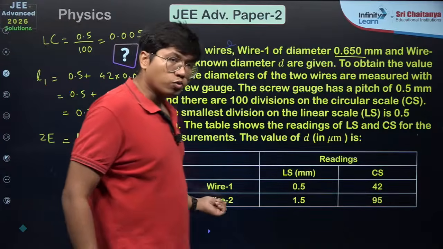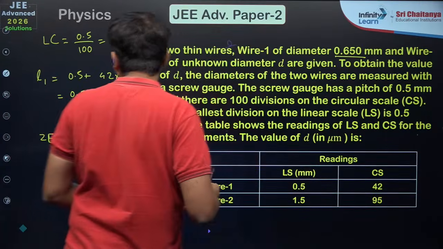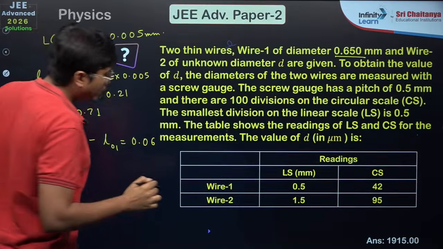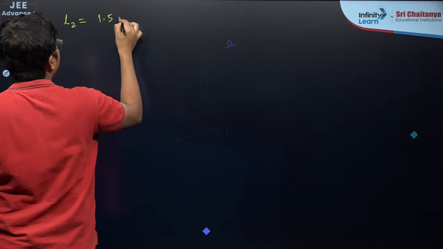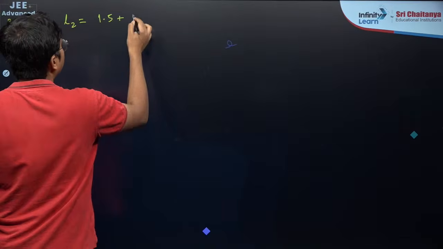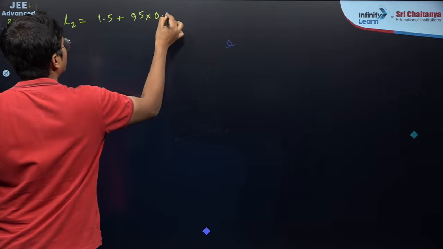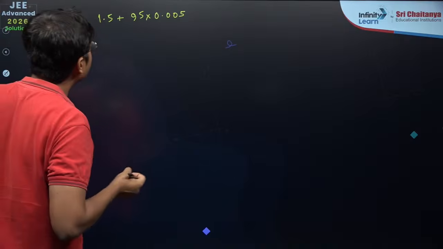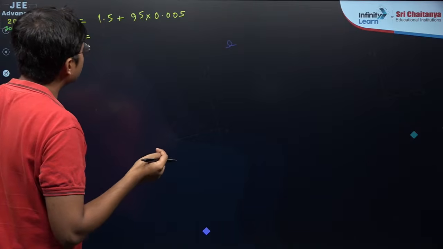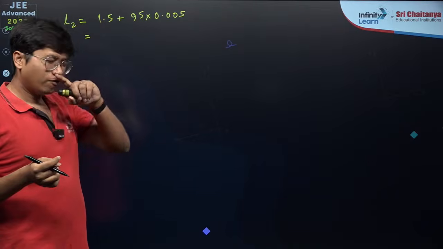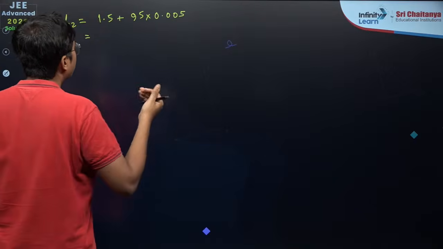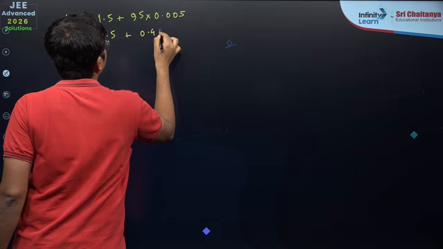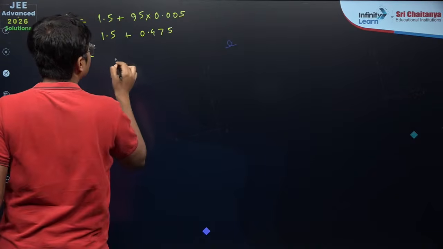Now let's look at the case 2 for wire 2. For wire 2, what is my reading that comes? That is 1.5 plus 95 multiplied with 0.005. Okay? 95 multiplied with 0.005 is basically 0.475, which makes it 1.975.